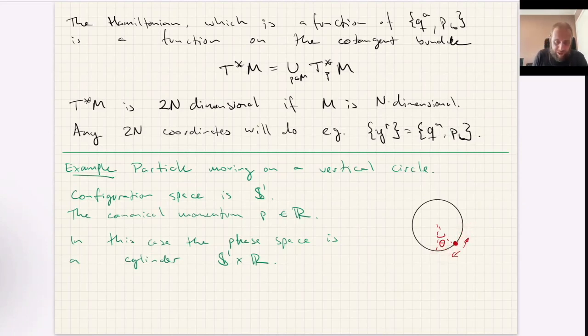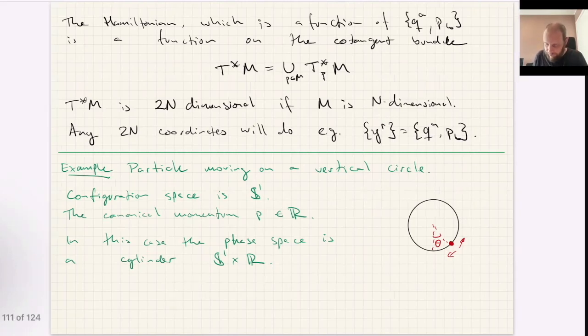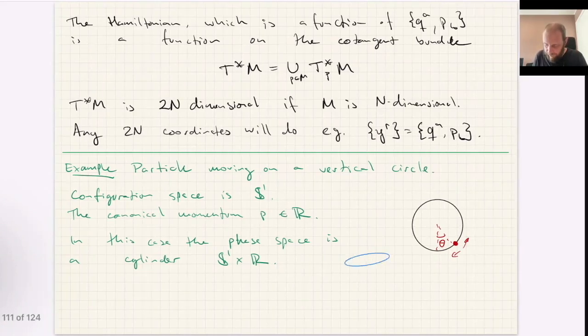So this means essentially that I can describe the phase space of this particle as this cylindrical structure. Let's see if I can draw that.